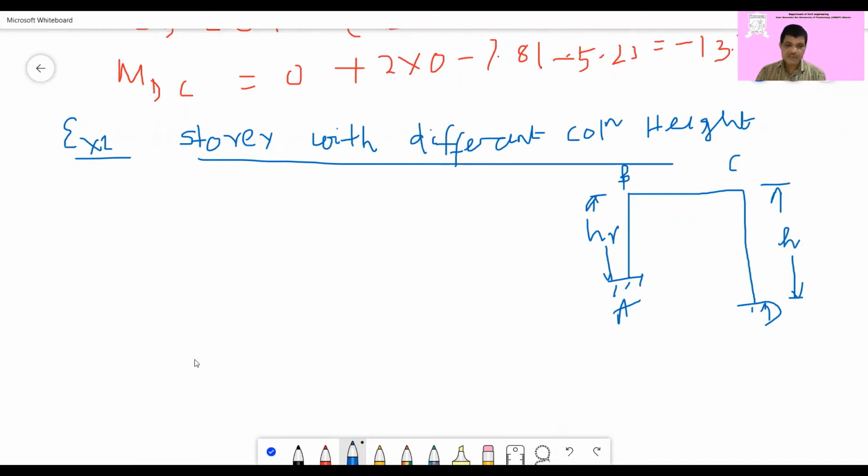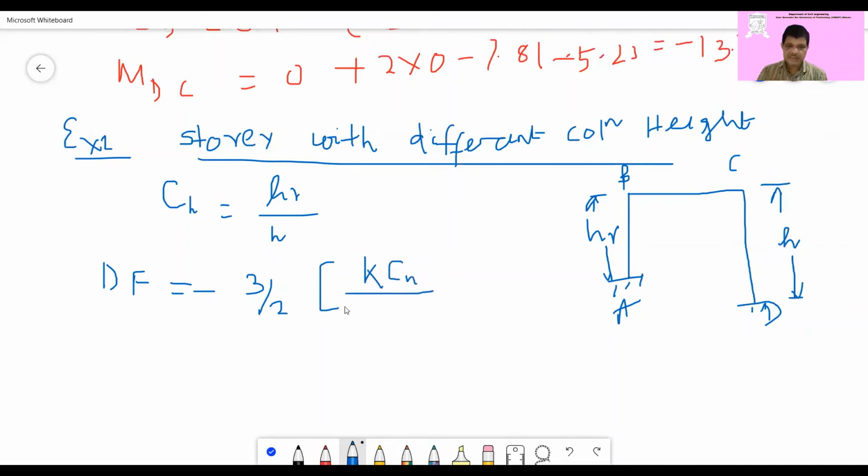Here, let the relative height between these be given by a factor CH, where CH is equal to HR by H. So your displacement factor DF will be equal to minus 3 by 2 into K into CH divided by sigma CH square K. This is the only difference in the calculation of the displacement factor between a story with the same height and a story with different heights. For the same height, we have minus 3 by 2, K by sigma K. Here, only this value is going to change.